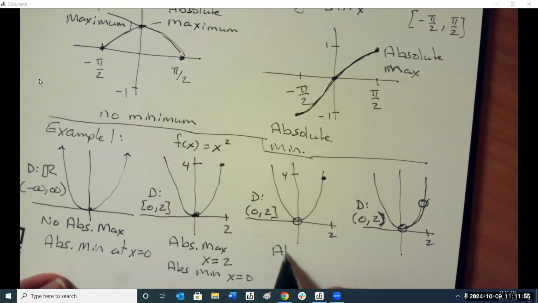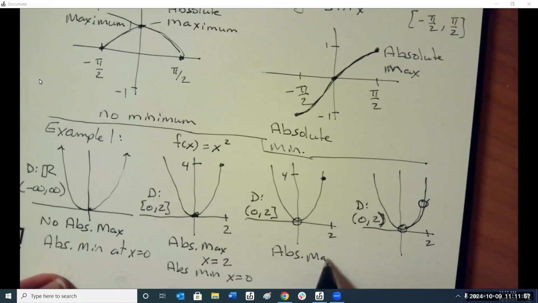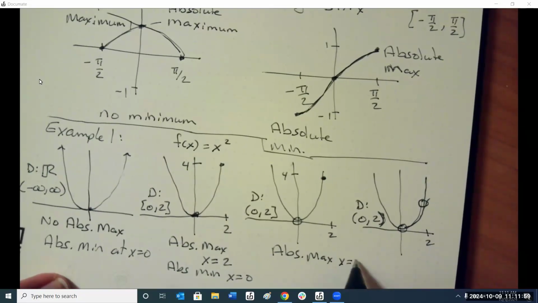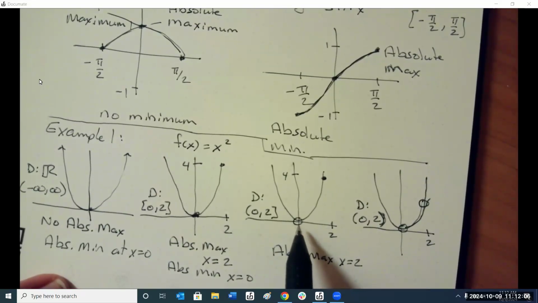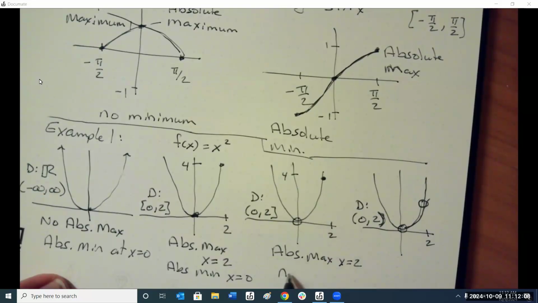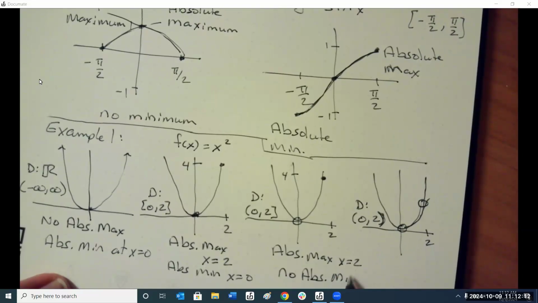This one has an absolute max at x equals 2. But since that's an open, non-included interval point, there's no absolute min.